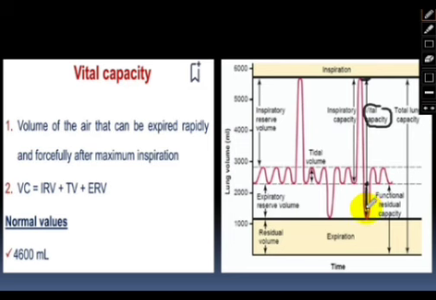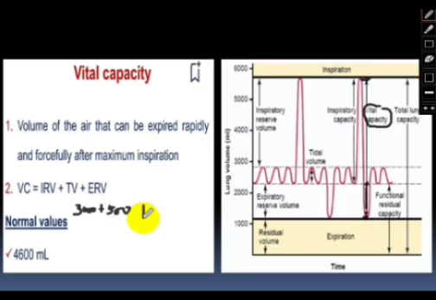And then it reaches the expiratory reserve volume. So what is the value for inspiratory reserve volume? 3,000. What's the value for tidal volume? 500.